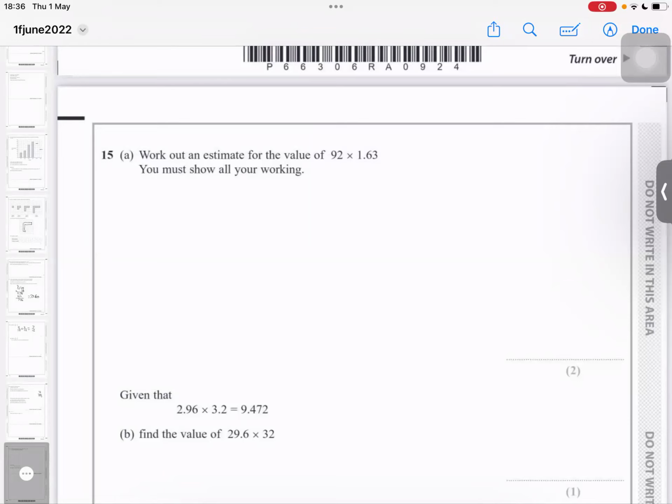So I mean, 2 times 9 is 18. 2 times 2 is 4. That's 184. Okay. So I think that's a safe estimate. Excuse me, do we have to estimate the 92 as well?